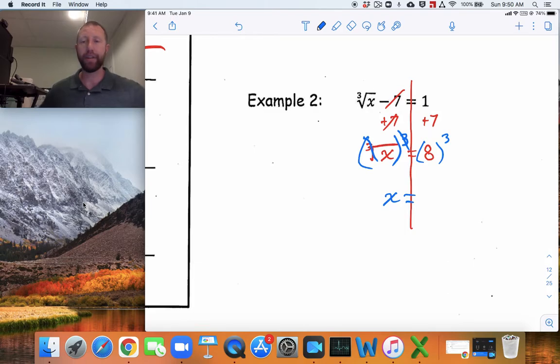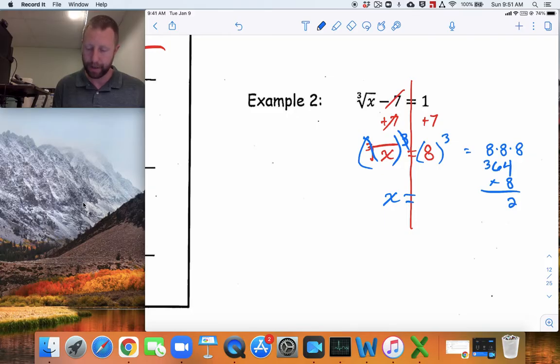Okay, and then 8 cubed, remember that's just saying 8 times 8 times 8. I'm using 8 when I'm multiplying 3 times. Well, 8 times 8 is 64. And then 64 times 8, let's just go ahead and work it out.